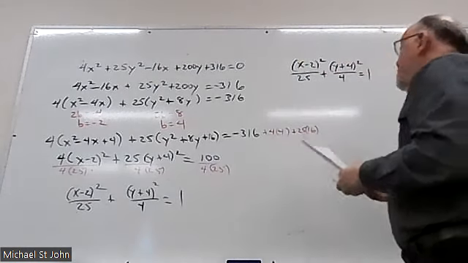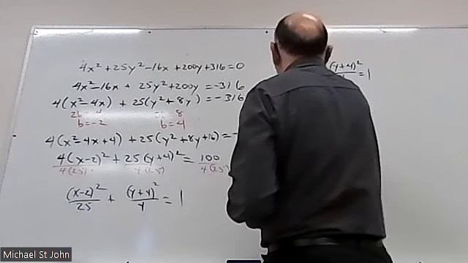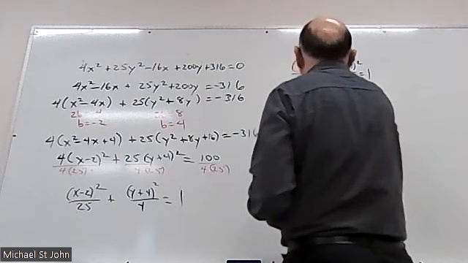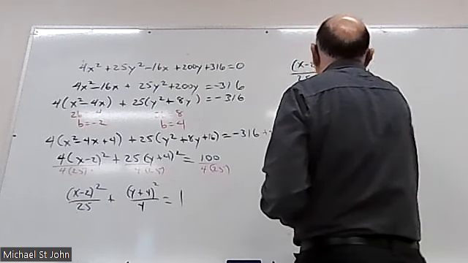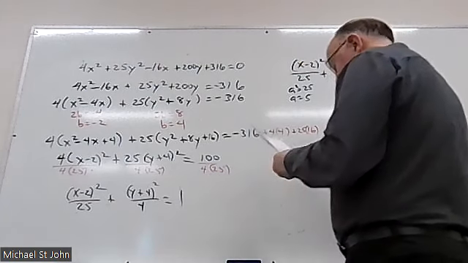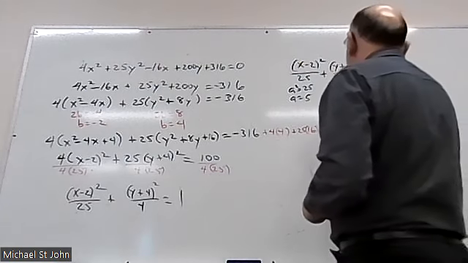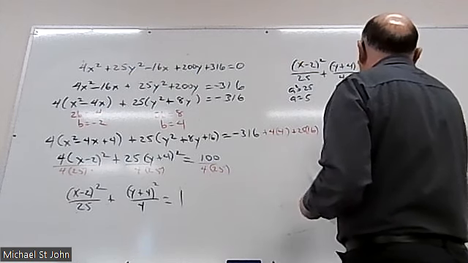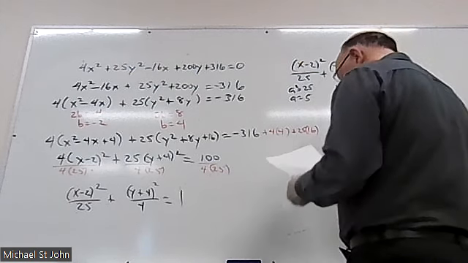And so if I look at this, we know that a squared is 25, which means a is 5. b squared is 4, which of course means b is 2. We know that the center is at 2, -4.